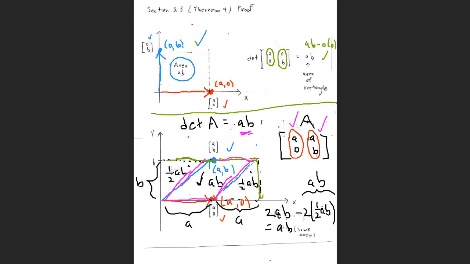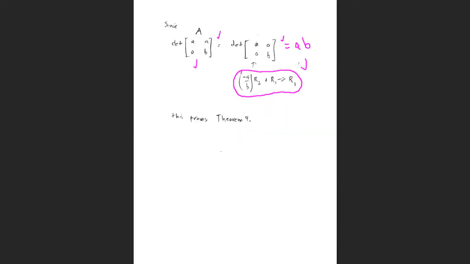What I'm trying to say is, knowing this up here allows us, through properties of determinants, the row operation that we did is a row operation that does not change the value of the determinant. It's actually Theorem 3, property A. So this proves the theorem. This proves Theorem 9.